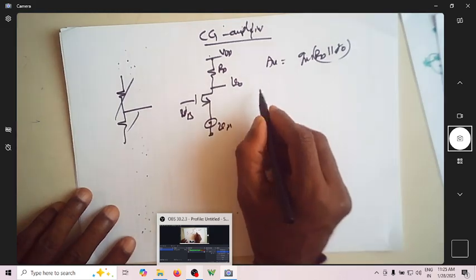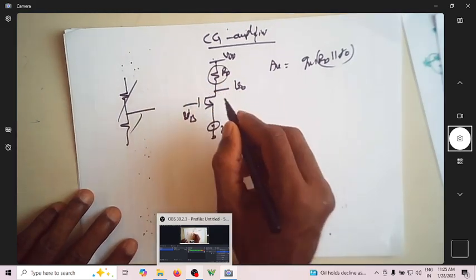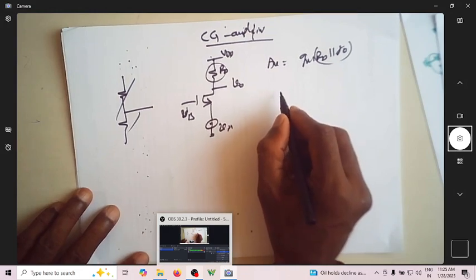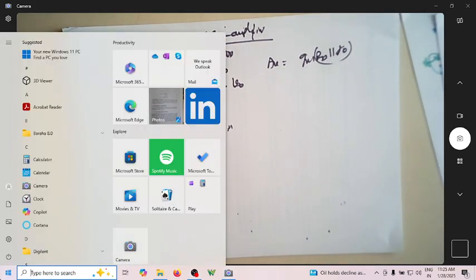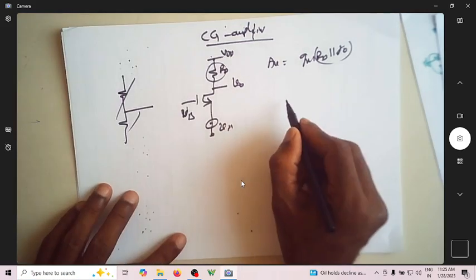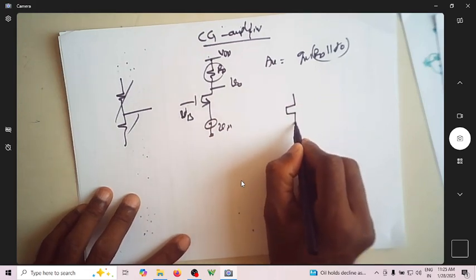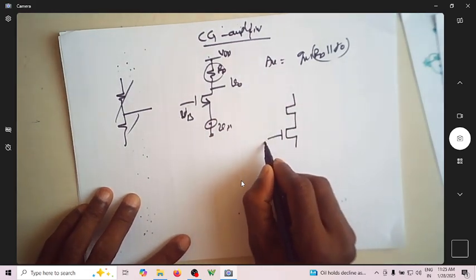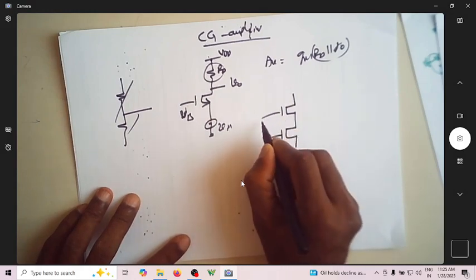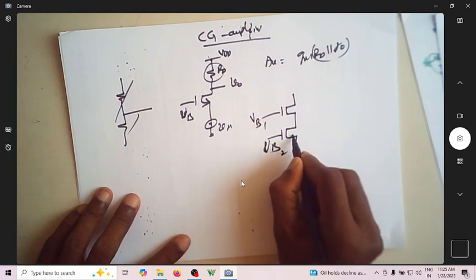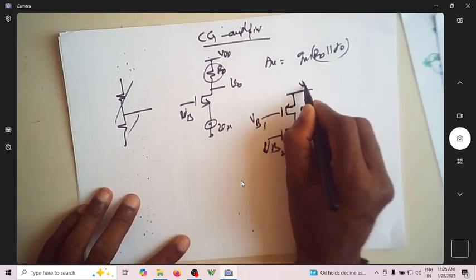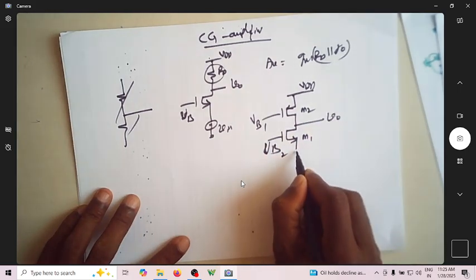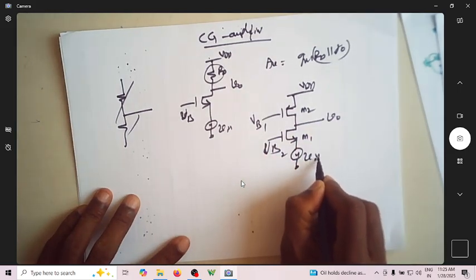Suppose if this load is an active load. So if it is an active load, what will happen? If it's an active load, the load can be something like this. Both are bias voltages, VB1, VB2, this is M1, assume that this is M2, this is VDD, here you are measuring V0, this is your V in here.